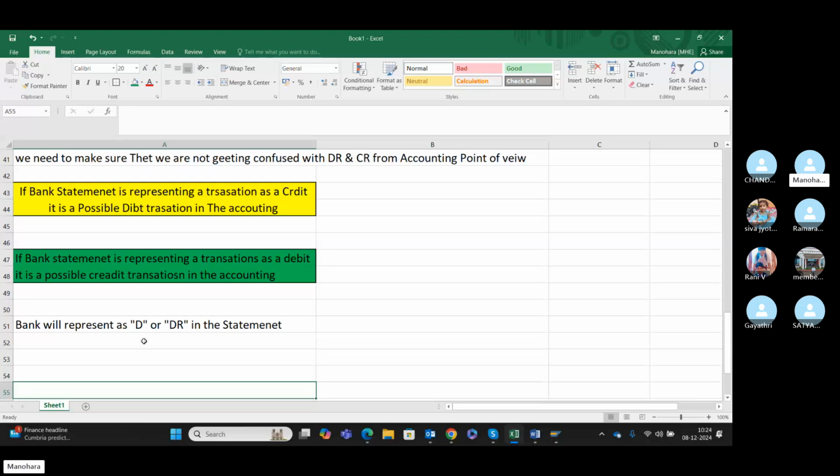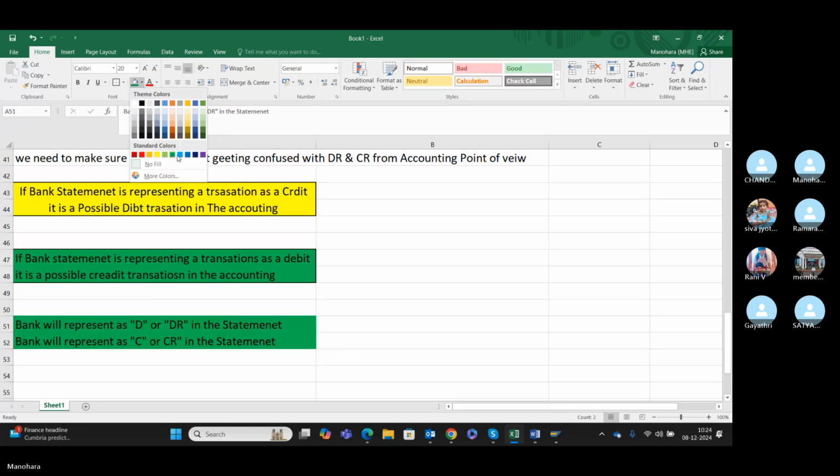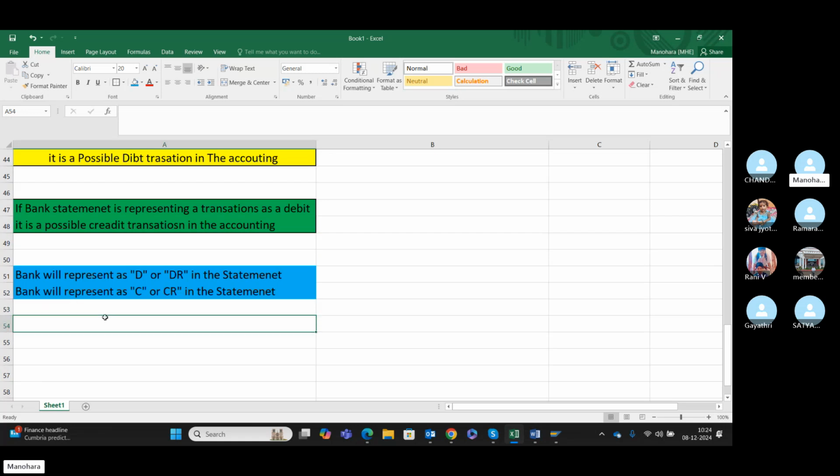The bank will represent it as C here. If you don't get confused until this point, BRS reconciliation is very easy.